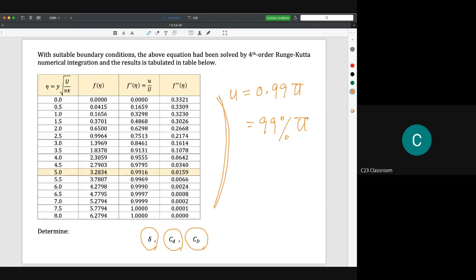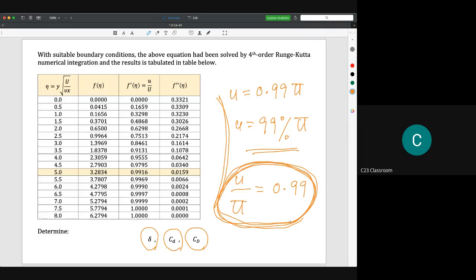First, you need to determine where the 99% location is. From this equation, you could rearrange it to become u over capital U is equal to 0.99. So you need to find where this point is located.